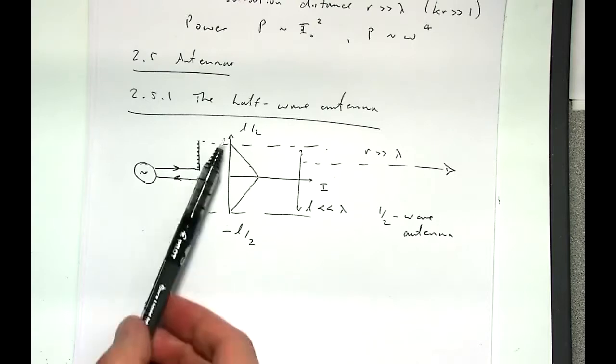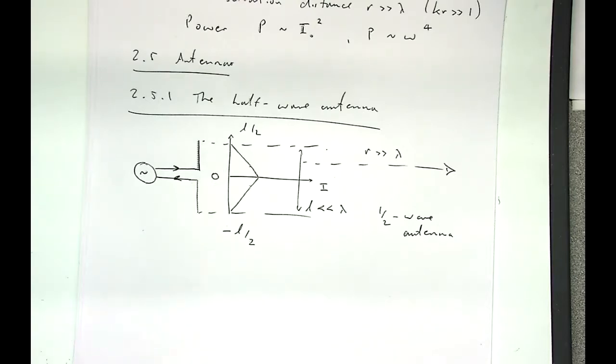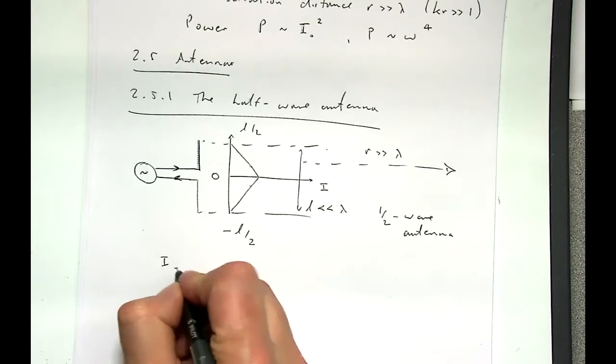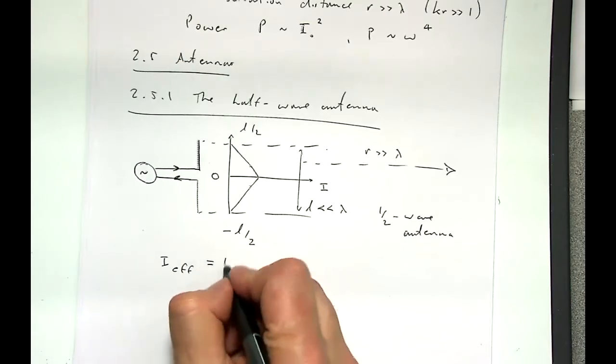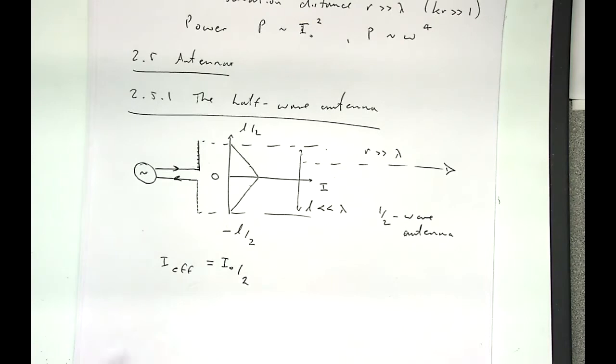I should be adding up all of those little pieces to work out the total amount of power over here. Okay? So there's no current at the ends, and with this very simple picture, the effective current must be reduced. With this simple but wrong picture, it's not completely wrong, the effective current is equal to the peak current fed in at the centre of the antenna divided by 2. Right?